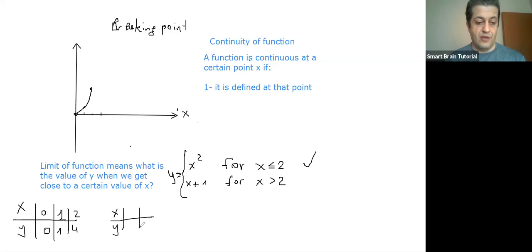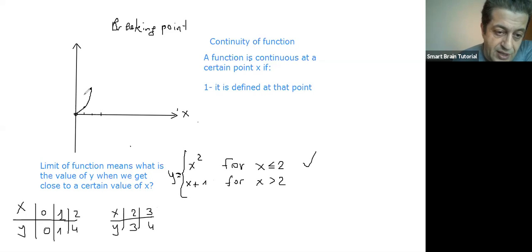If I write the value 2, we have 3 here instead of y. And if I have the value 3, we have the value 4 here, because 3 plus 1 is 4. That's why it is better to plot the graph of the second function.